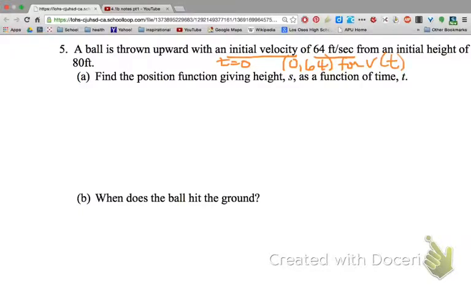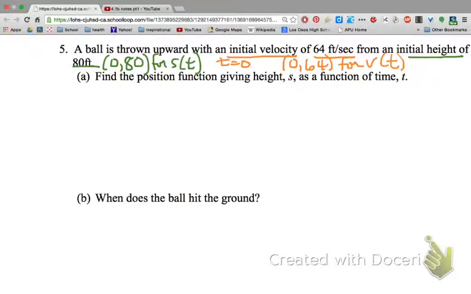And I have an initial height. And of course, height is position. So again, that would be when time is 0, height is 80. So this is for position.